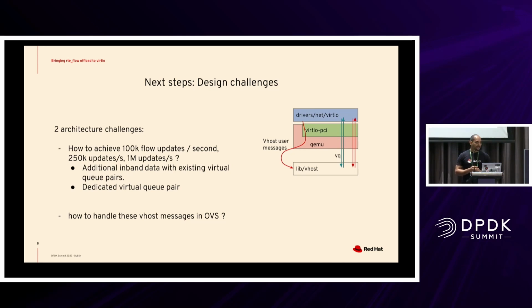Also, the other question is how do we handle those messages in OVS, because we get those Vios user messages and those flow updates from the libvios, but of course, how do we get that message and flow offload request back to the actual pipeline?